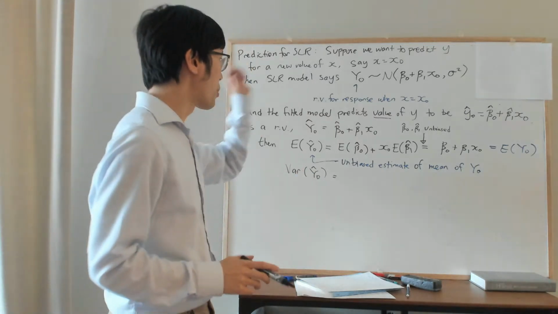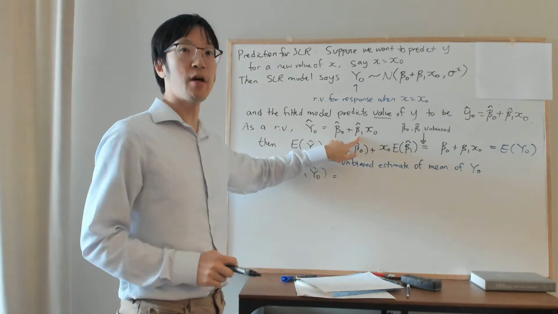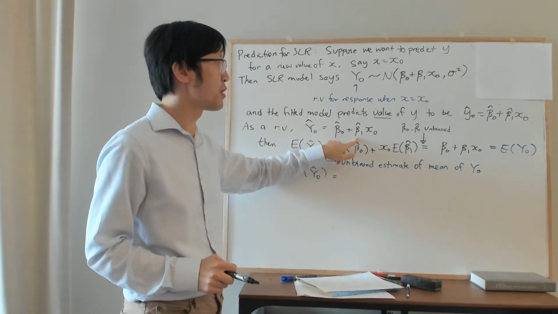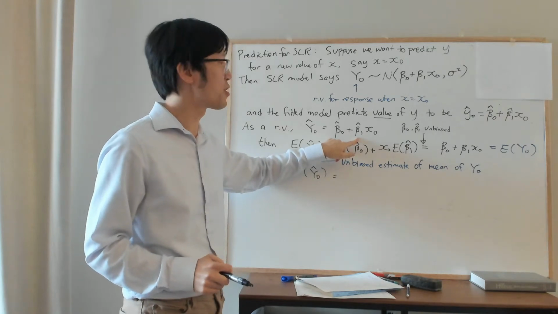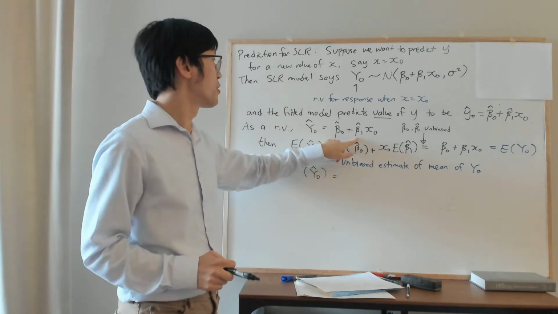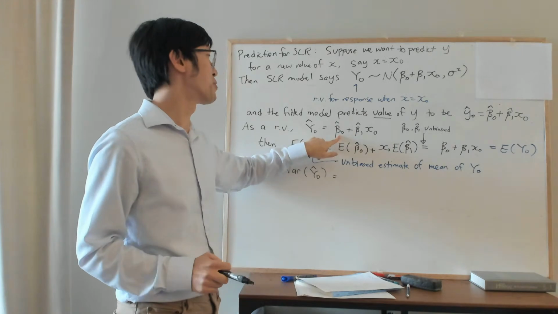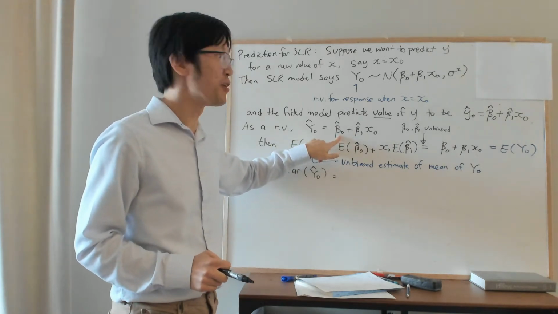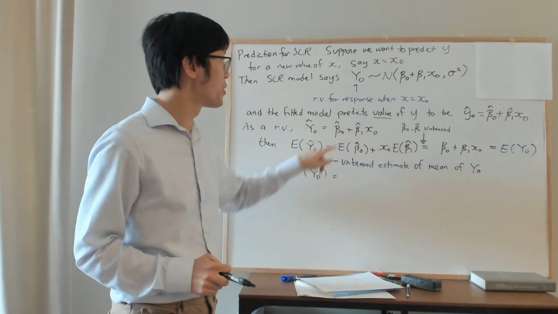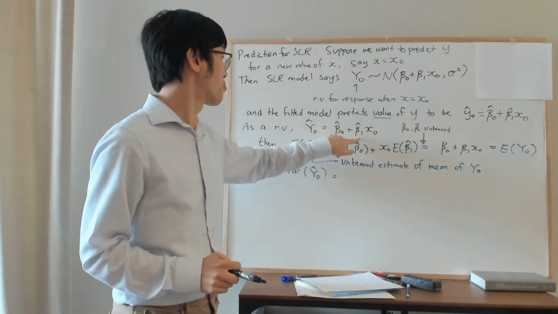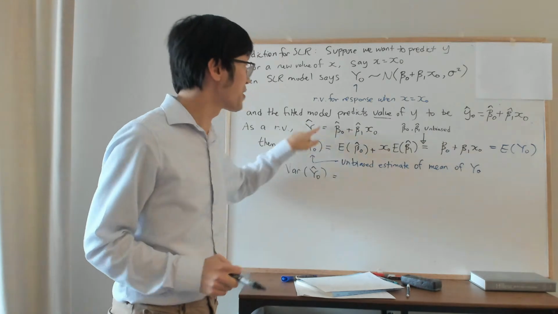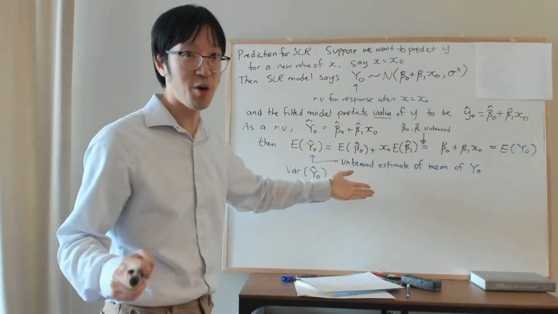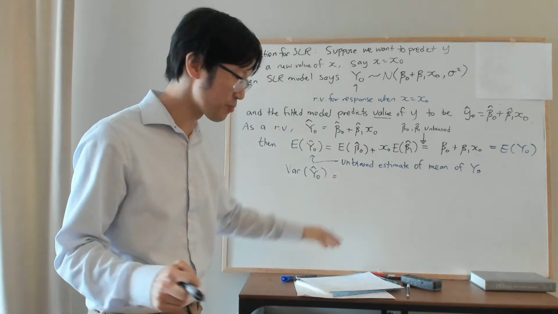What do we have to remember from last time? How do we get the mean and variance of beta 1 hat? We viewed it as a linear combination of the yi's. I also claimed that you can think of beta 0 hat as a linear combination of the yi's. So if you put it together, this whole thing, beta 0 hat plus beta 1 hat x0, is itself a linear combination of the yi's.